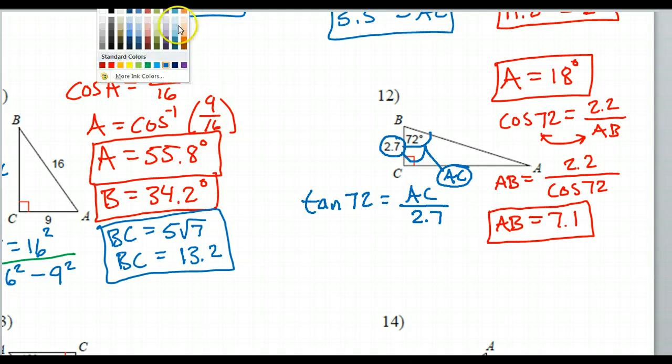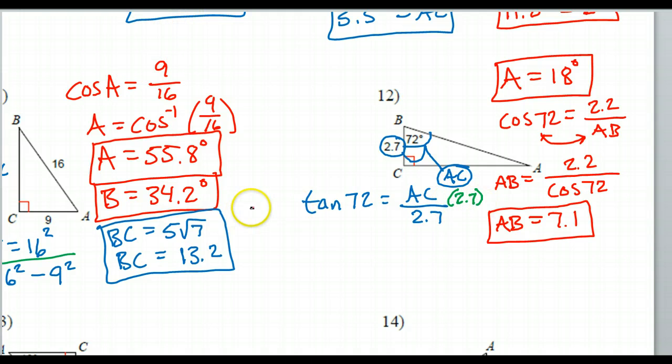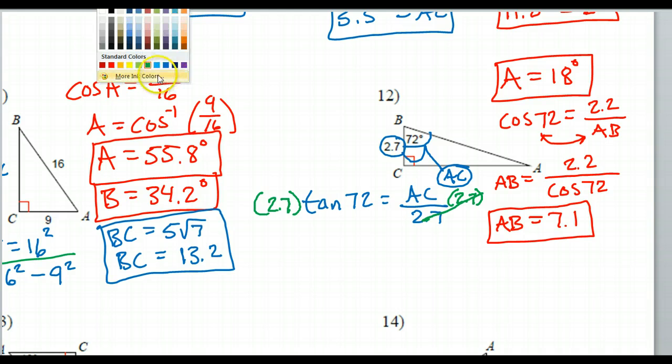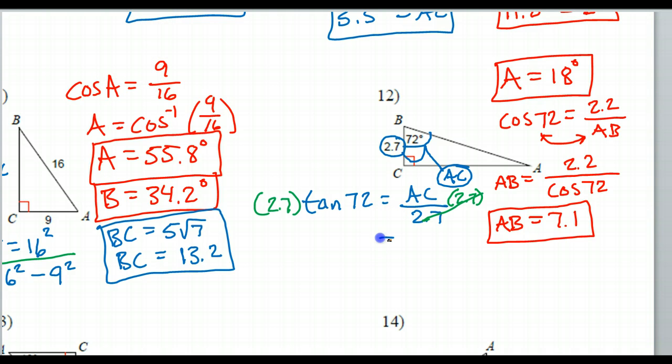So in this case, we'll just multiply by 2.7. Okay, so that's going to give me AC. AC equals 2.7 tangent 72 goes in the calculator. And that is 8.3. Alright, so that's it for number 12.